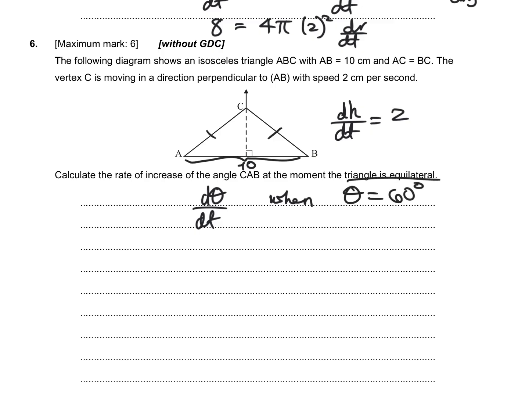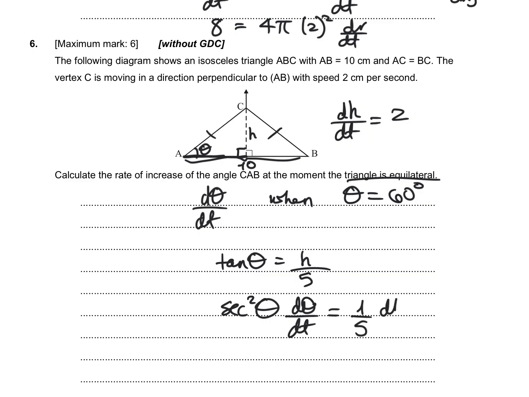Okay, so if we take just this triangle, we want this angle and the height, so we're going to have tangent. Okay, so tangent theta is the height over 5, just that side. So we will have secant squared theta d theta dt equals 1/5 dh dt, and we have dh dt is 2.